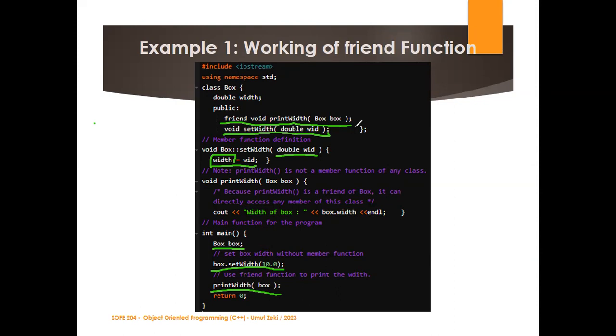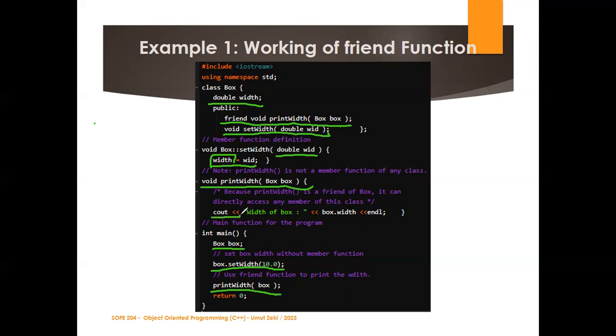We can use a friend function instead of a getter function, so we can reach the private data directly. How? This is the prototype with the friend keyword, and this is the definition of the friend function.